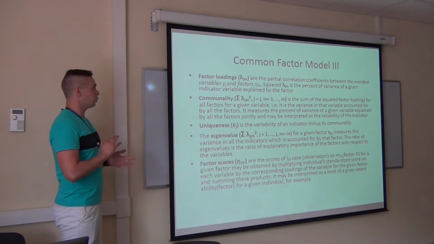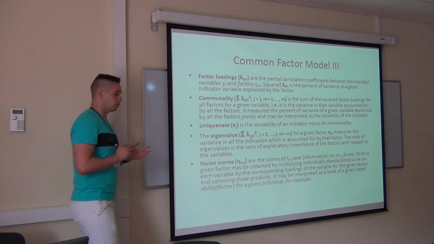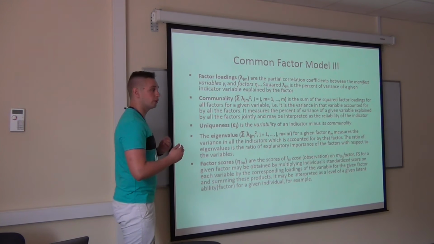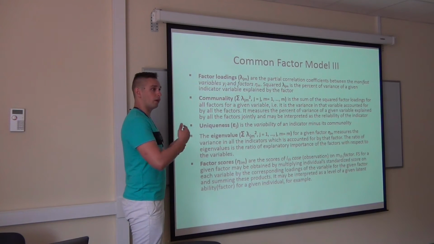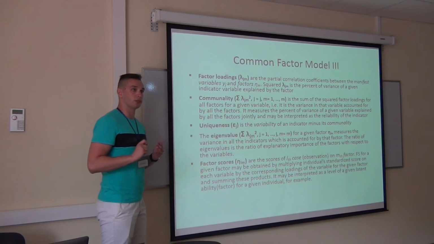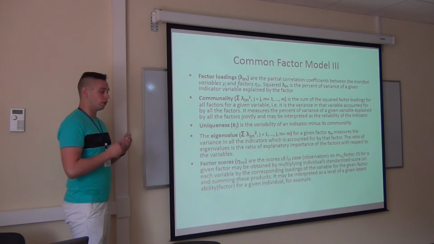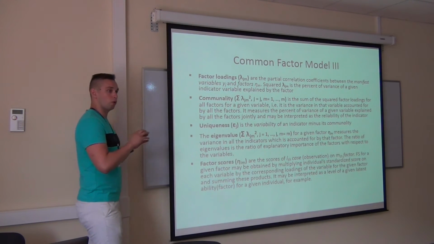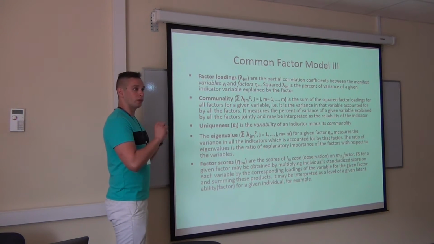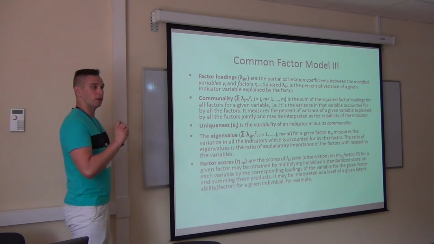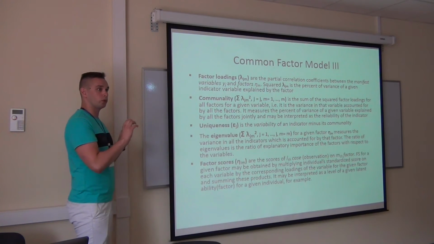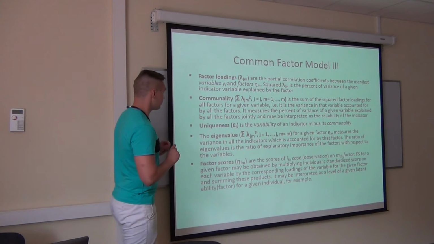The squared factor loading can be understood as an approximation of R squared for each particular indicator in the model. So if in the regression we have one R squared, in factor analysis we have multiple R squared, one for each observed variable in the model.